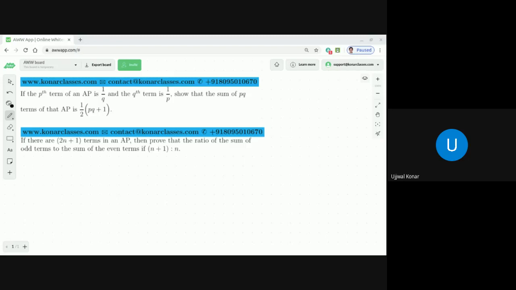The first and foremost thing, dear students, is that let's assume the first term to be a, correct?